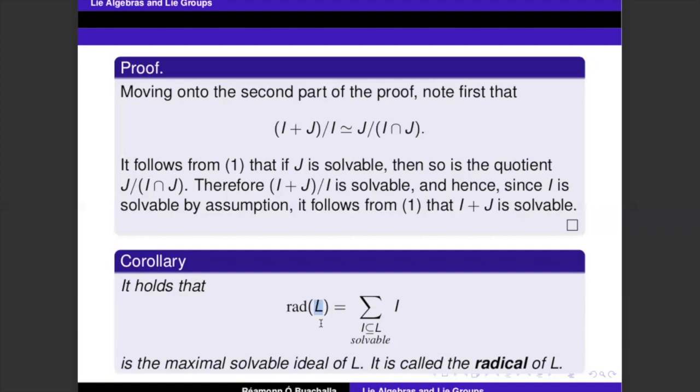L is a general Lie algebra, there's no assumption at all. But it means we've always got this maximal solvable ideal inside L. This is a really important part of the structure of a general Lie algebra, the radical, and it exists for any Lie algebra L.